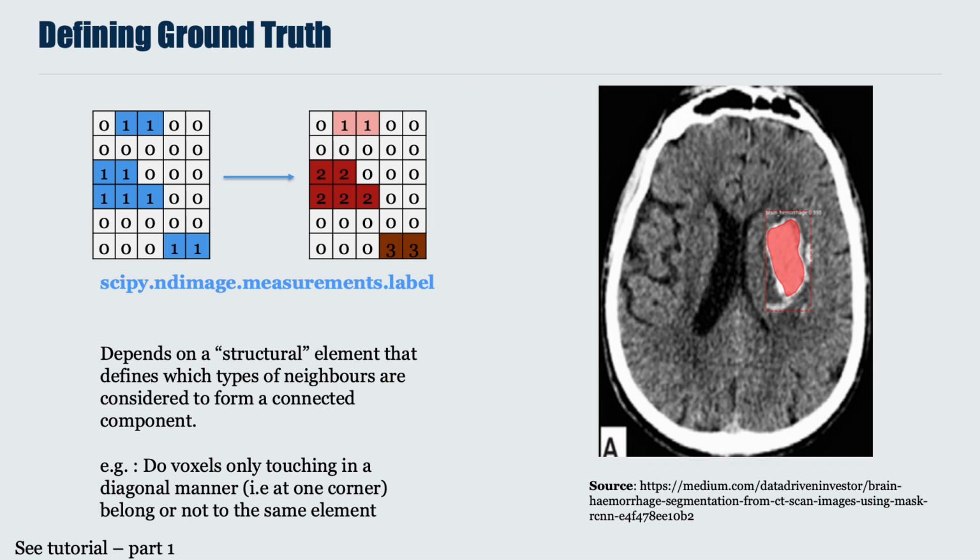So for instance, in a situation where you have voxels that belong to objects that only touch on the corner, you are asking yourself if you should consider them in the same element or as separate elements. But that's something that you can define and decide on from the start.